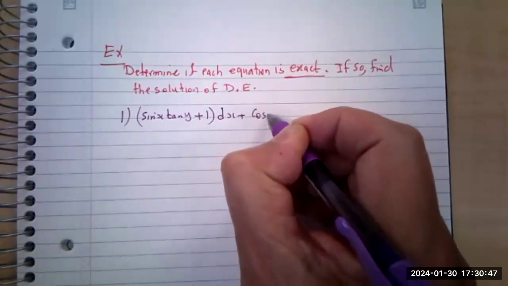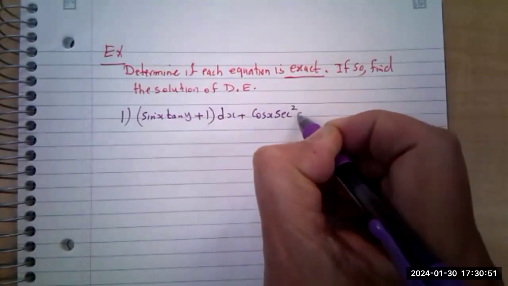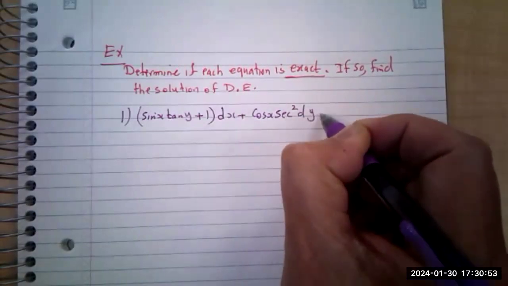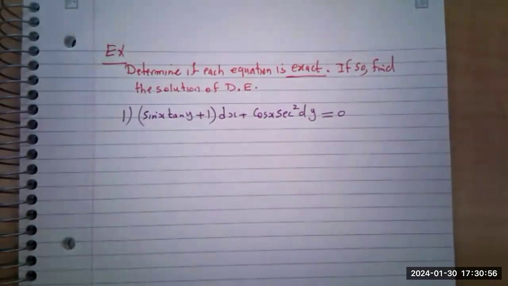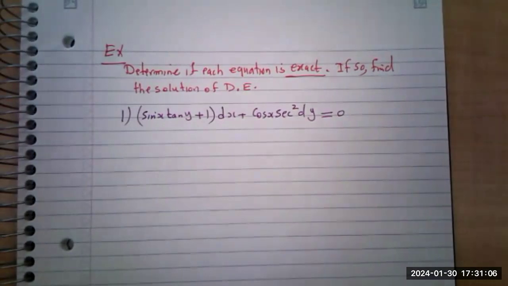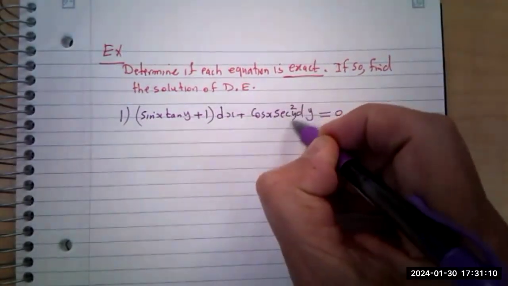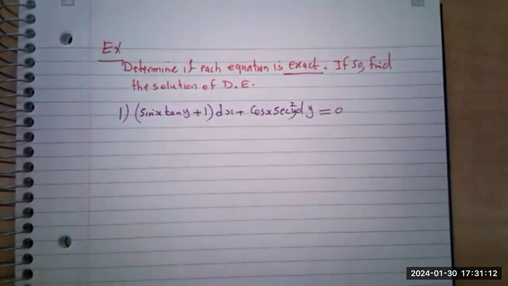And the second one is cosine x, secant squared of y, dy equal to 0. That's the given equation. Is it secant squared y dy? Yes, secant squared of y dy.